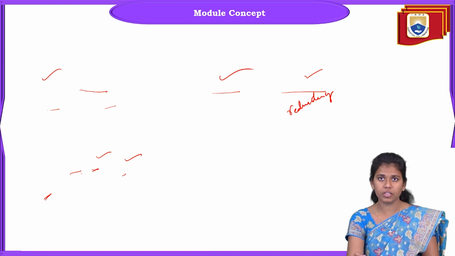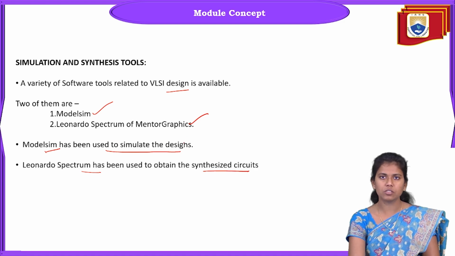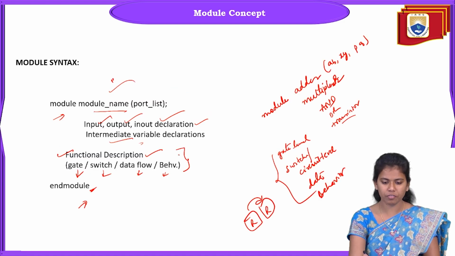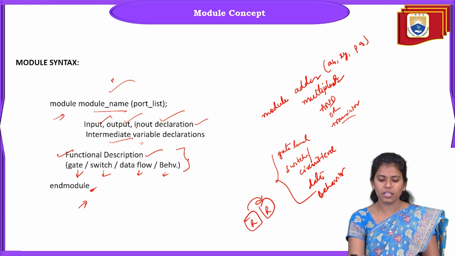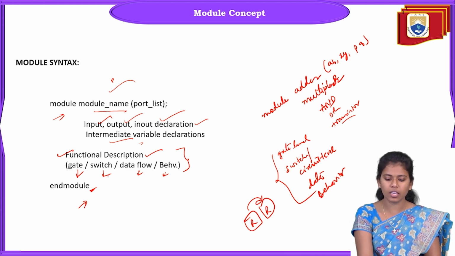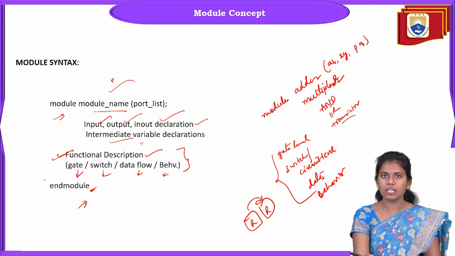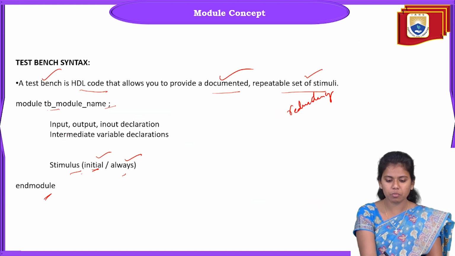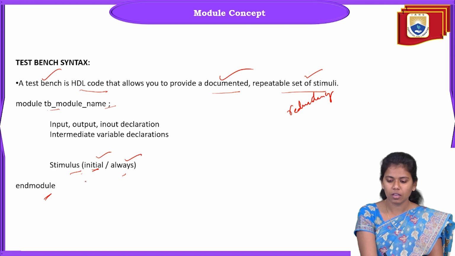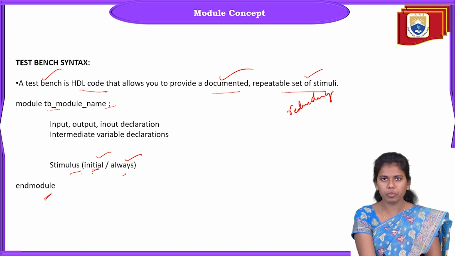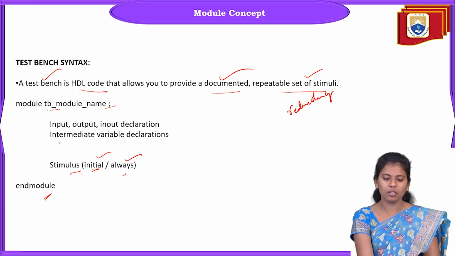You can see the differences between simulation and synthesis too, and between the module syntax and the test bench syntax. In the module syntax you see the functional description, whereas in the test bench syntax you see the stimulus. The repeatable set of stimuli, that is initial or always, can be mentioned in the test bench syntax, and you have to end this syntax with endmodule.